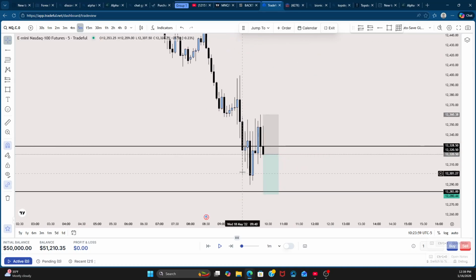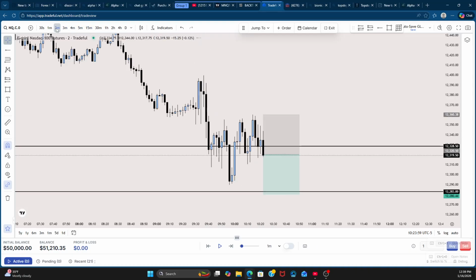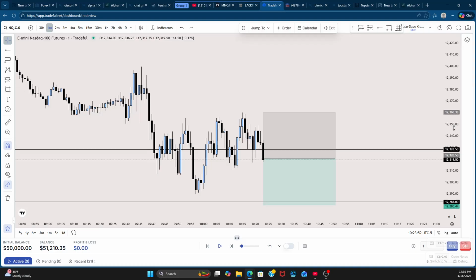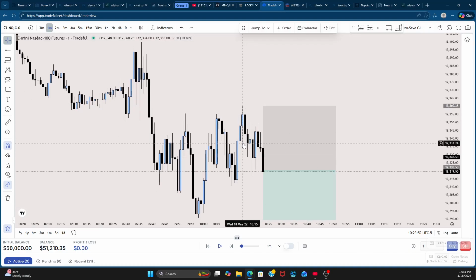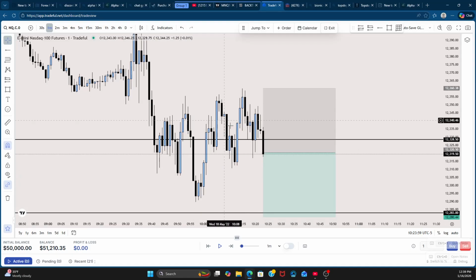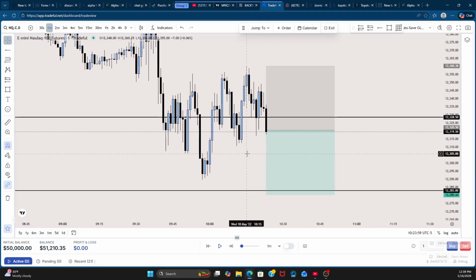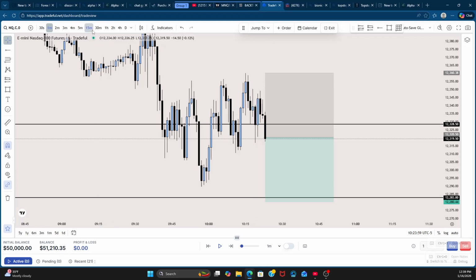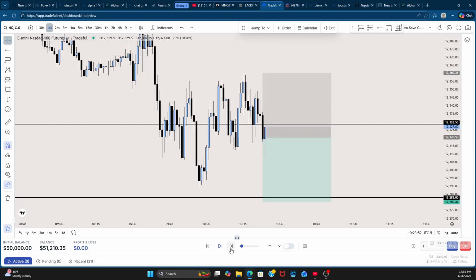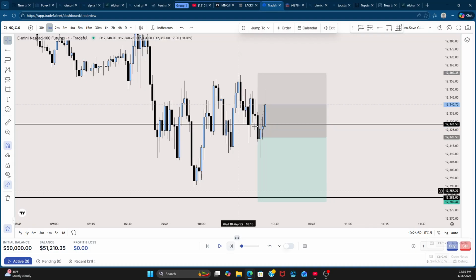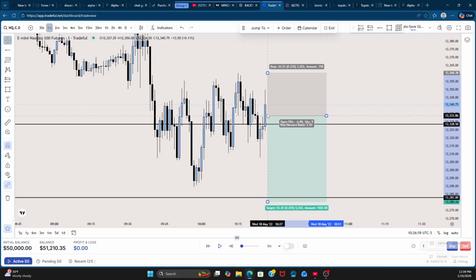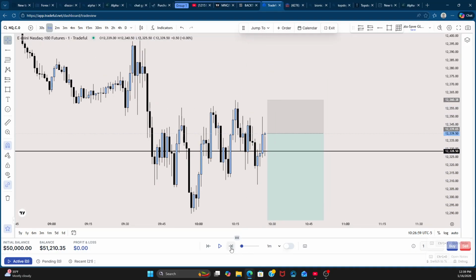We do have this, which did sweep, but we left a relative equal low resting there. You get a 1 minute inversion. The only thing about this 1 minute is it takes 5 candles to inverse. Do we truly want to respect this 15 minute? I'm not taking that just because of that inversion, but I like to see some good manipulation higher.